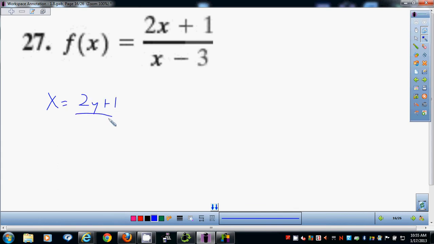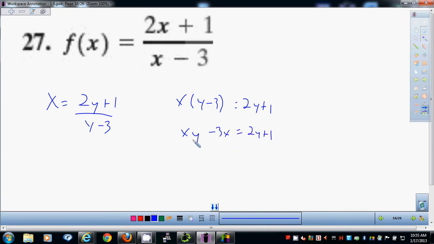You're going to multiply both sides by y minus 3. Now, what you want to do now is get all the y's on one side and everything without a y on the other side. So this is going to be xy minus 3x equals 2y plus 1. I'm going to move the y's over here. So xy, and I'm going to subtract that 2y over to this side. And I'm going to add the 3x over to that side.